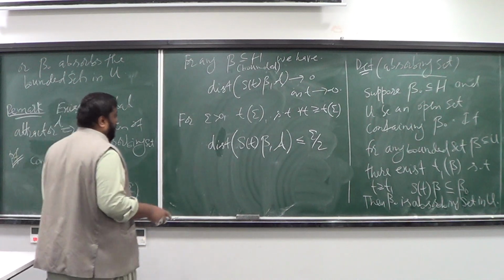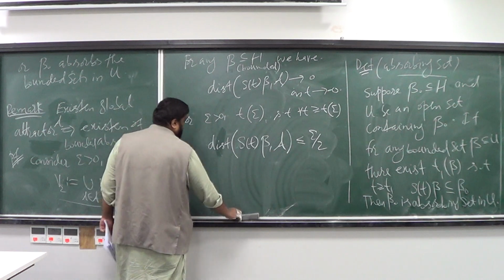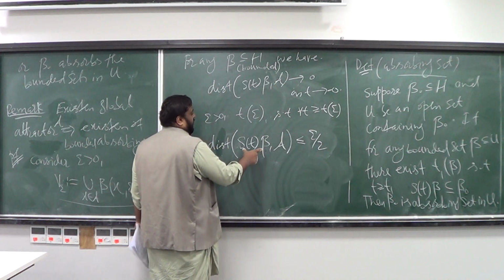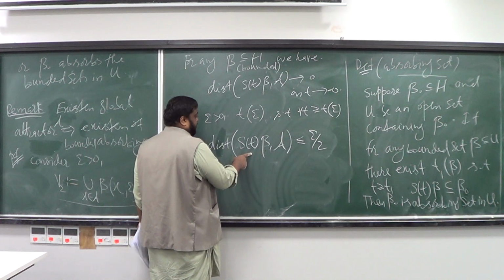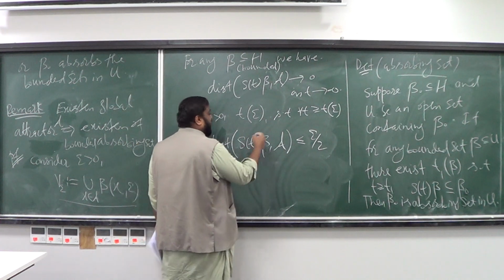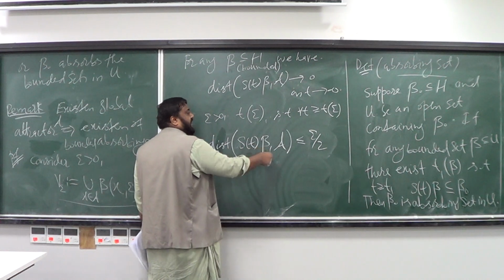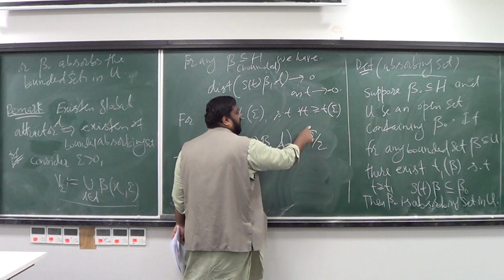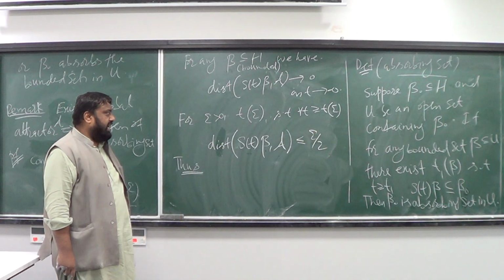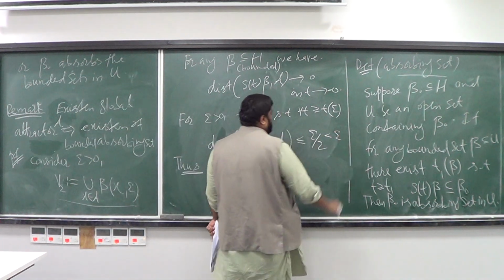So what follows from here? This shows that the distance between the trajectories that start from B and A can be made as small as epsilon by 2, which is strictly less than epsilon.